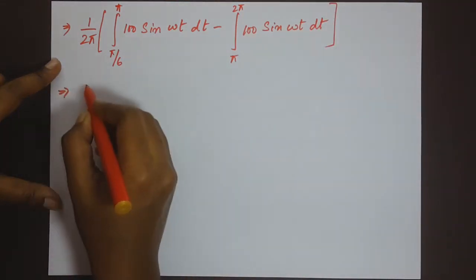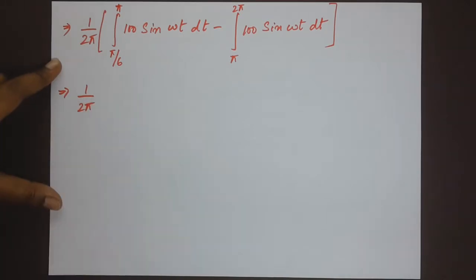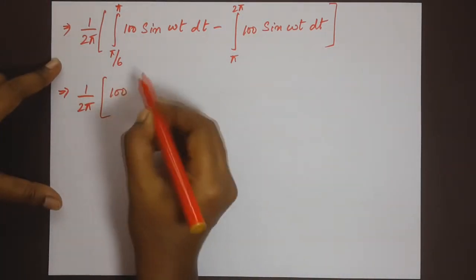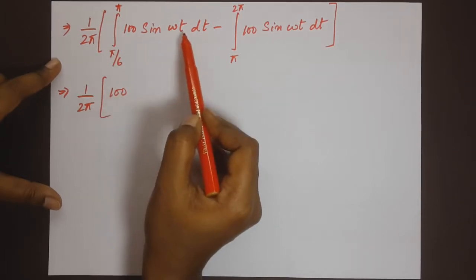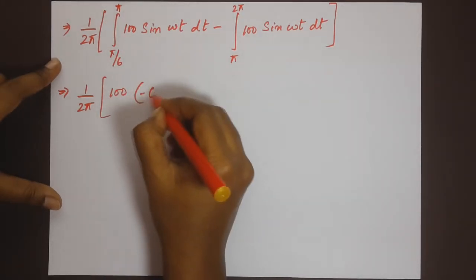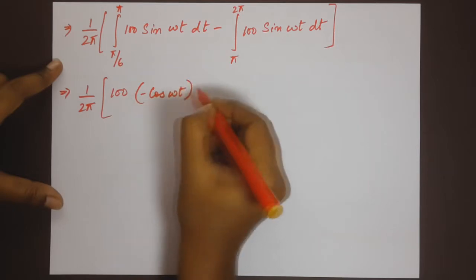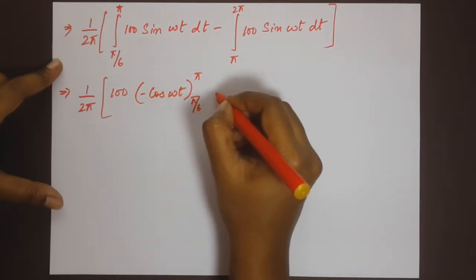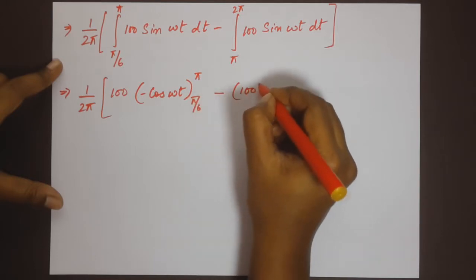Okay, next step, let's integrate. So here 100, the integral of sine omega t is minus cos omega t at the limits of pi by 6 to pi, minus 100.